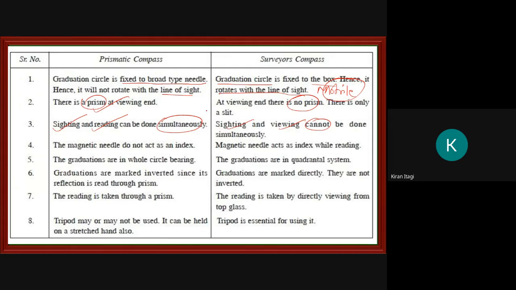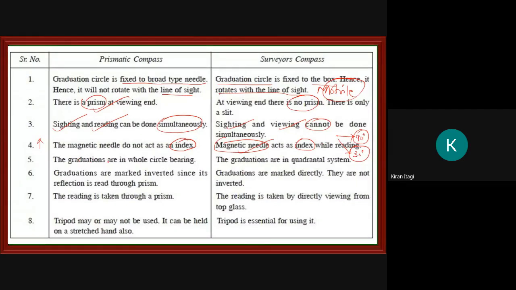The magnetic needle does not act as an index directly, but here the magnetic needle acts as a direct index. Why? Because if it is pointing towards 90 degrees, we take it as 90 degrees. If it was pointing towards 30 degrees, we took 30 degrees. So the needle acts as the direct index for the reading.